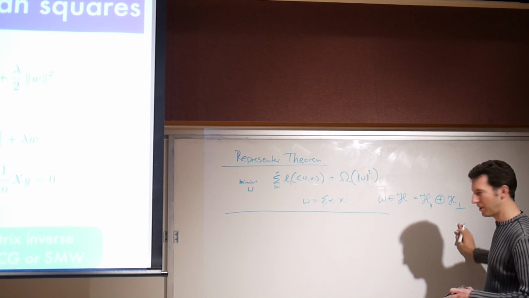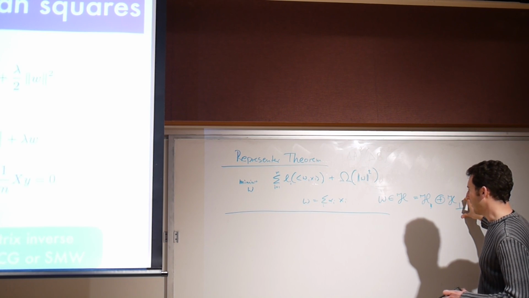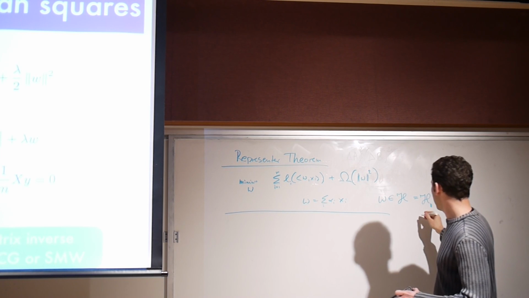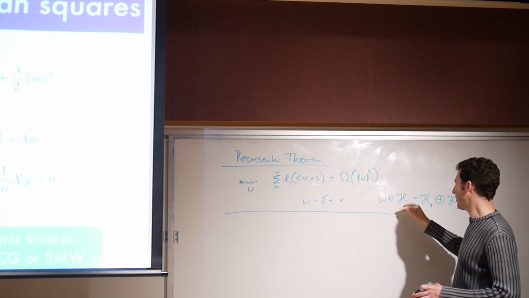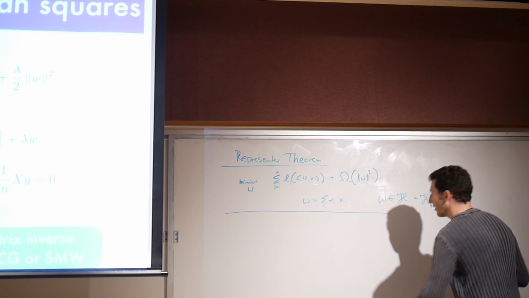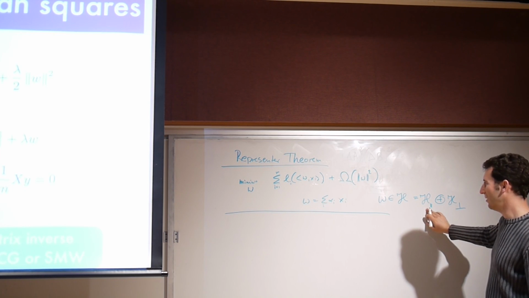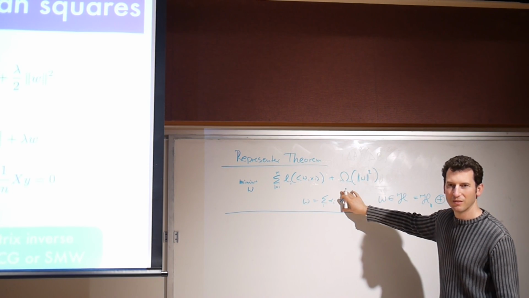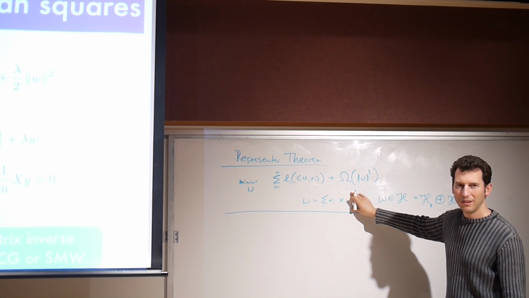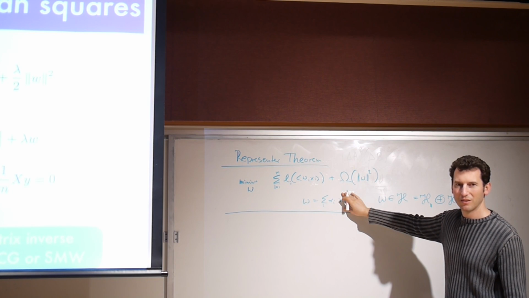I can always do that with a Hilbert space. Therefore, I can decompose W as W parallel plus W orthogonal. And I know that for any W that's in H parallel, I can write it as this expansion. So all I have to show is that any orthogonal component to that span has to vanish.